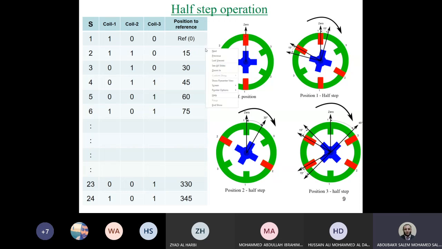So the distance between the N and S poles is greater than in a permanent magnet motor. This distance is almost the diameter of the stator.